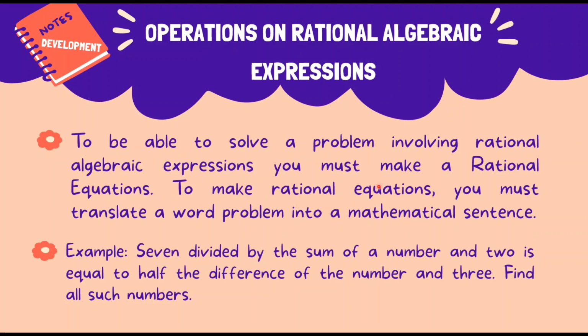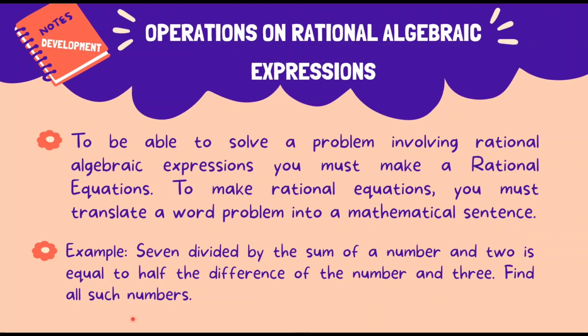To make rational equations, you must translate a word problem into a mathematical sentence, so we may have the equation proper or the expression. For example: 7 divided by the sum of a number and 2 is equal to half the difference of the number and 3.